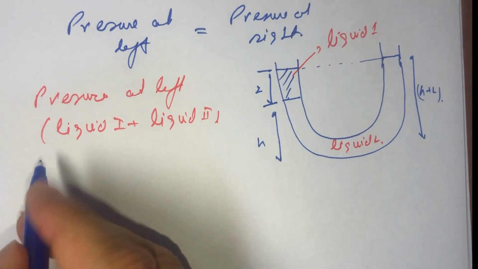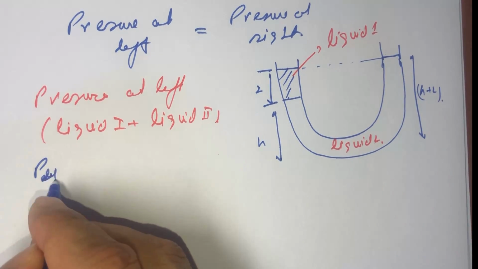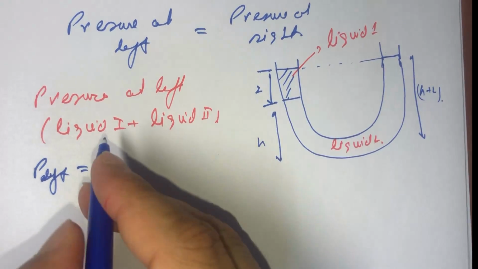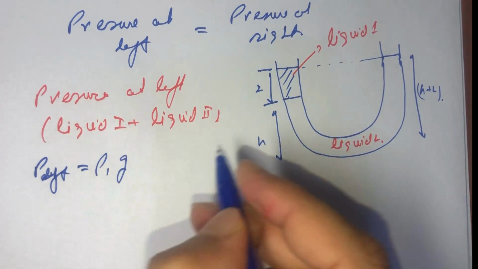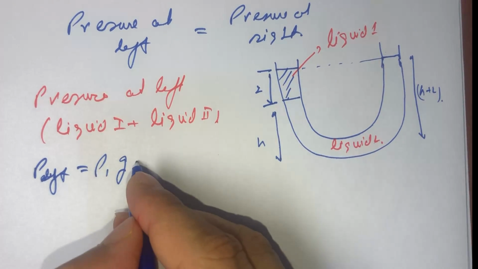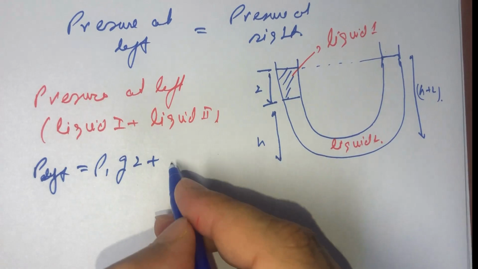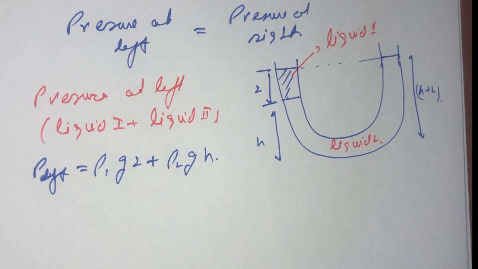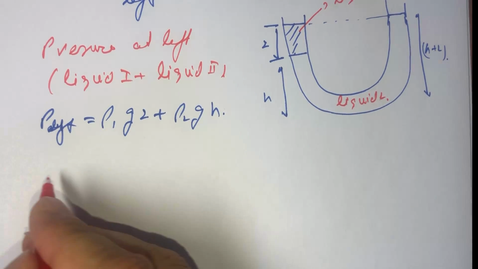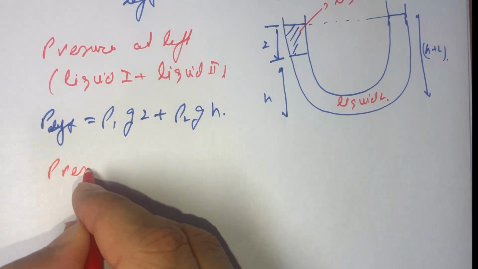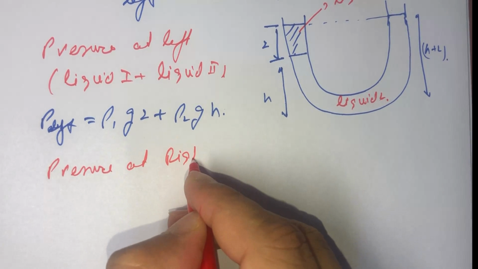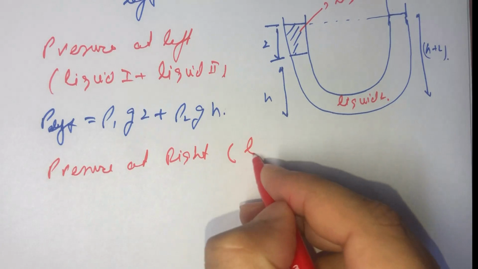So P left will be equal to, this density is rho 1 g and the height is 2, plus rho 2 g and height is H, and pressure on the right is only because of liquid 2.